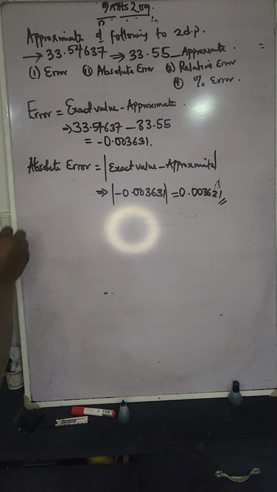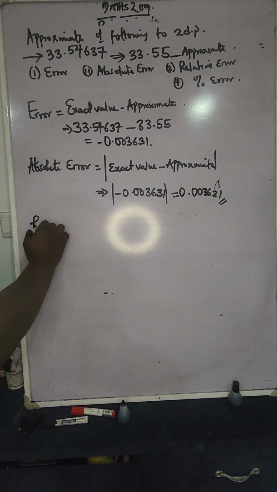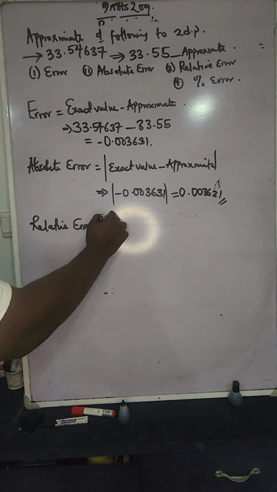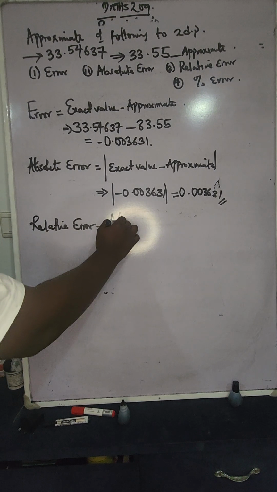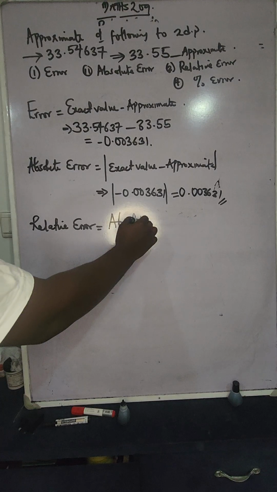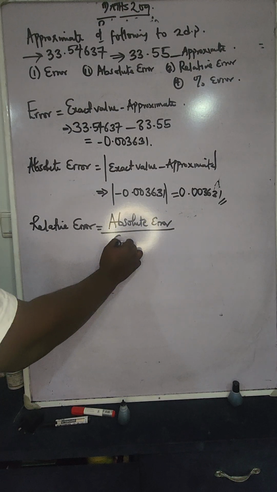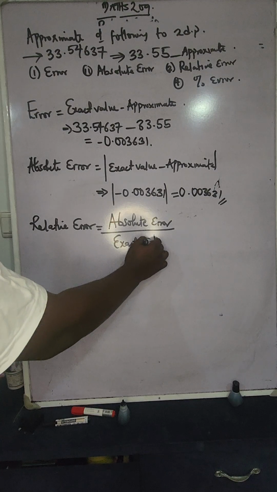Then we'll be able to say that the relative error will be absolute error divided by the exact value.